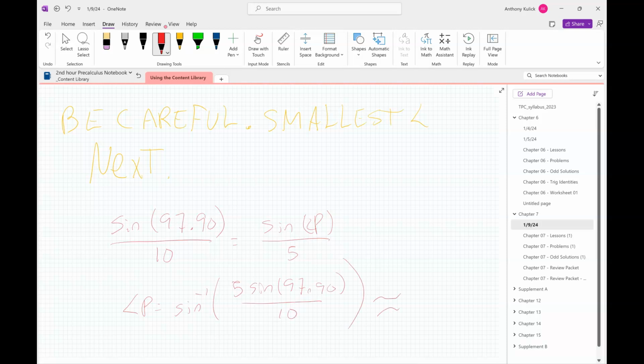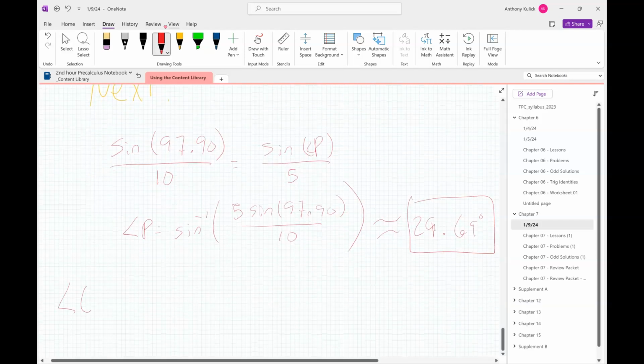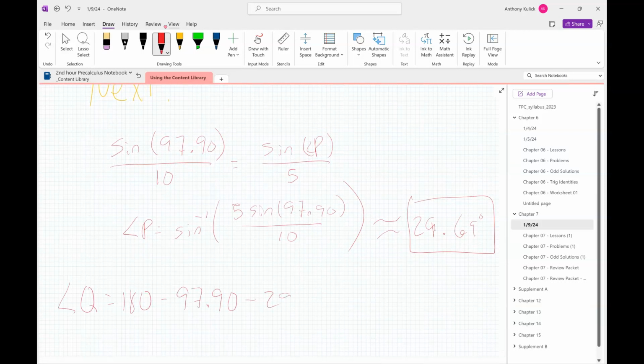And when I type that in my calculator, I get about 29.69. And the last one, angle Q, is easy because it's just 180 minus the 97.9 minus the 29.69. And that comes out to be about 52.41.